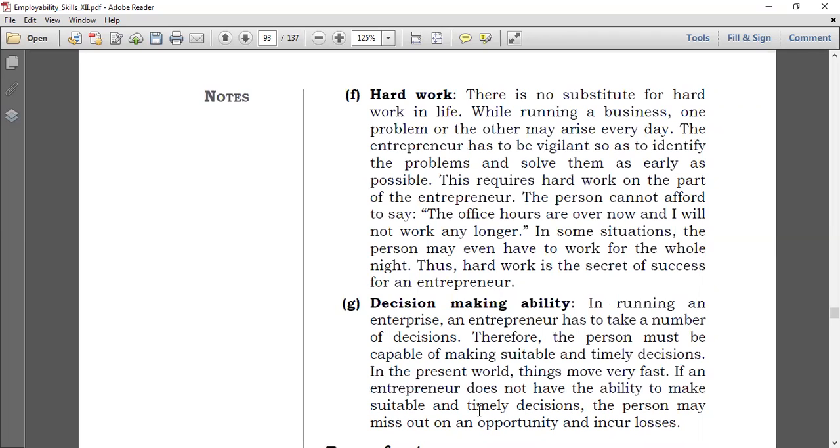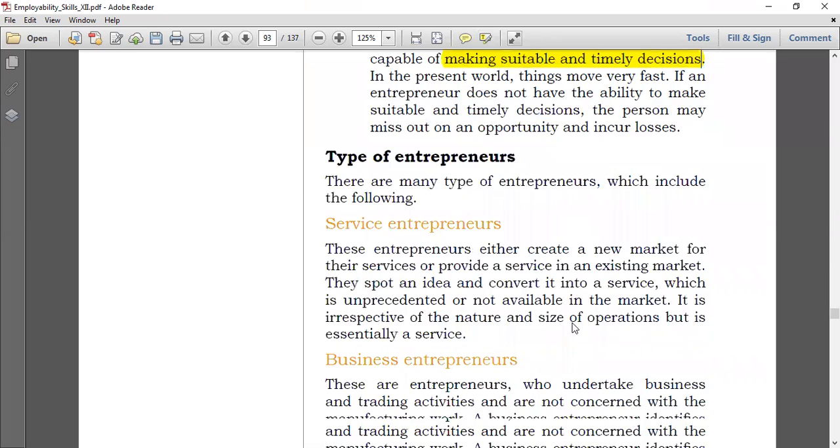Because if you do not take decisions in time, then you may miss opportunities, and you can go into losses also. So suitable and timely decisions are required.